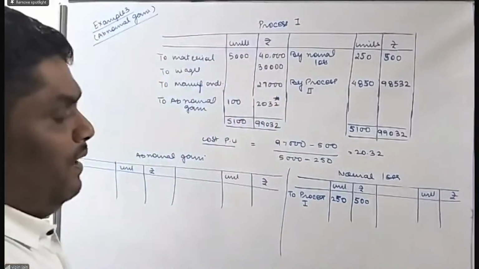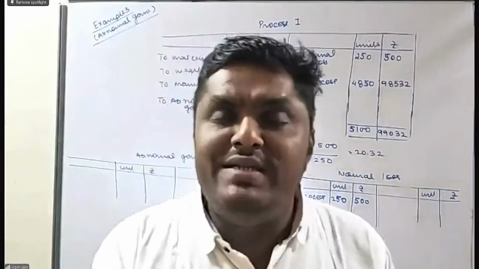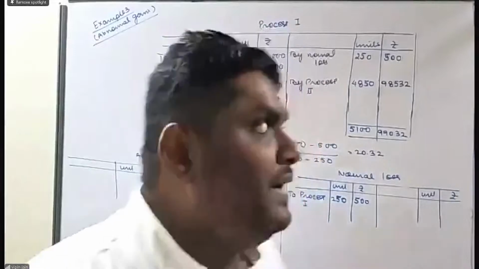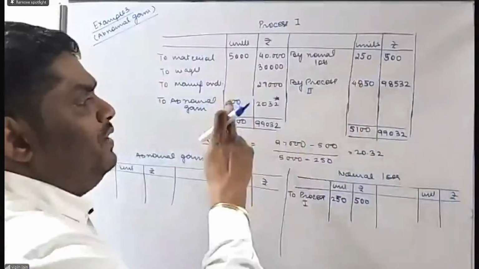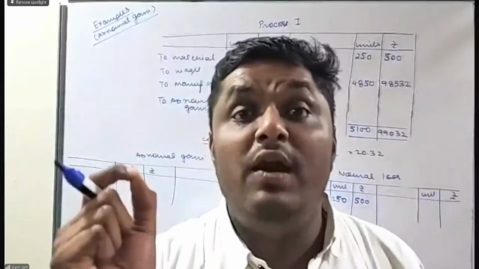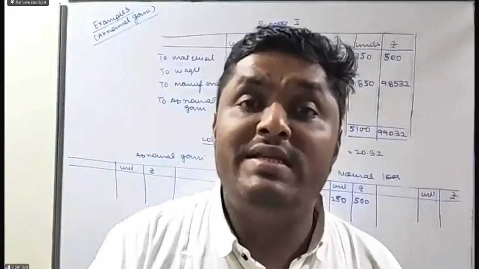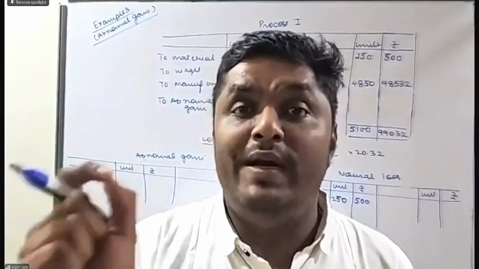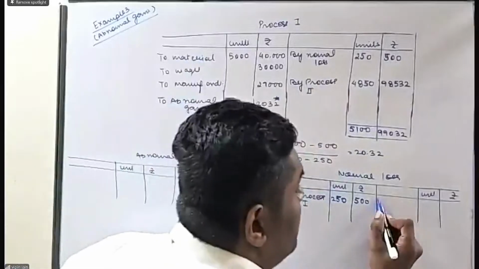So see, when talking about the units that are actually sold in the market, out of 250 units, 100 is abnormal gain. Total 250 units हमने loss predict किया था, of this there is an abnormal gain of 100 units.